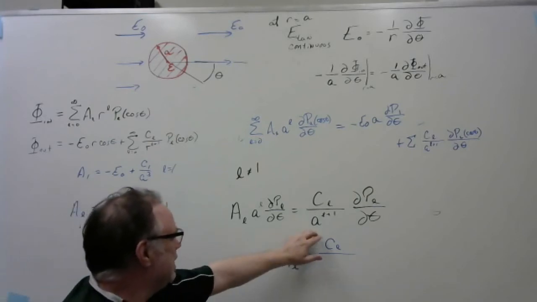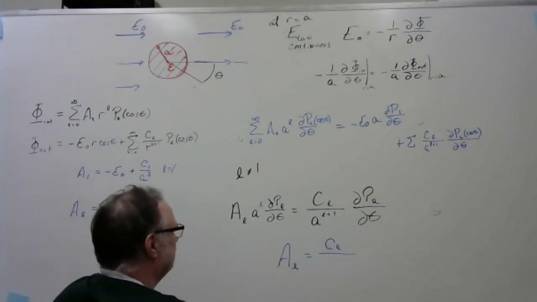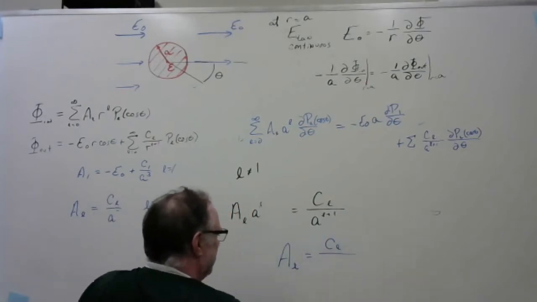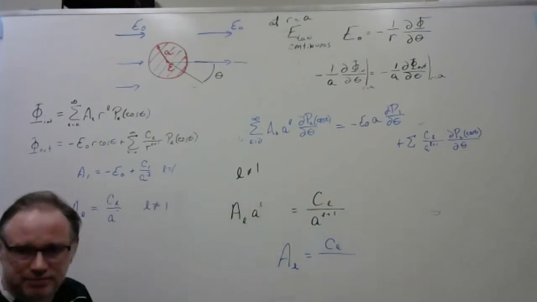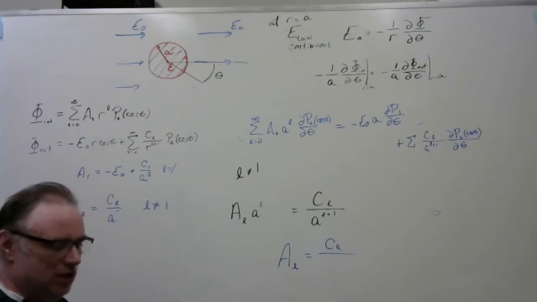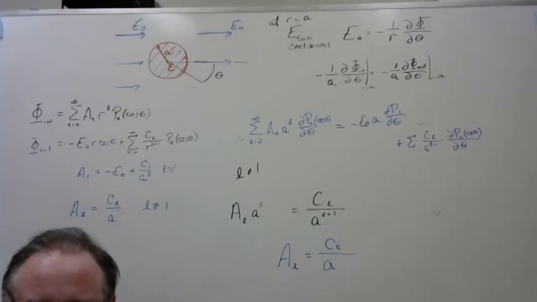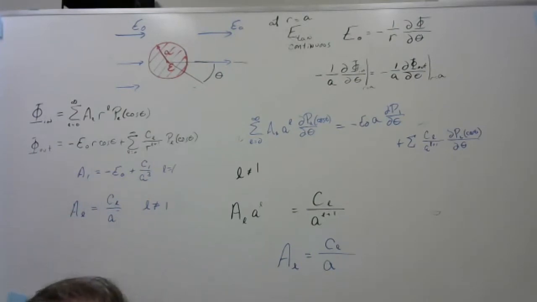In other words, I'm taking this term, these things are dividing out. And now I just want to do this. What is that? I'll give you a hint. There's an A in it. Okay, there, good. So what is it?